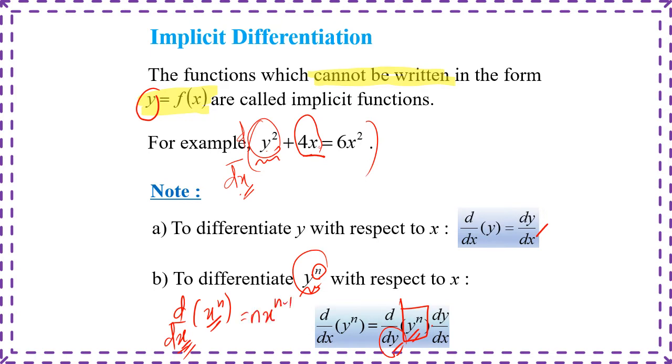The same thing for y, just the variable is different, so it will be n y to the power of n minus 1. And then don't forget to multiply by dy/dx.